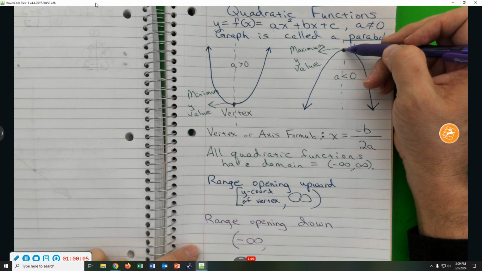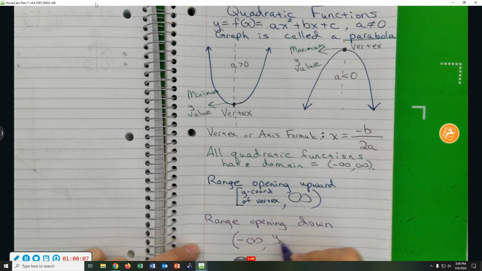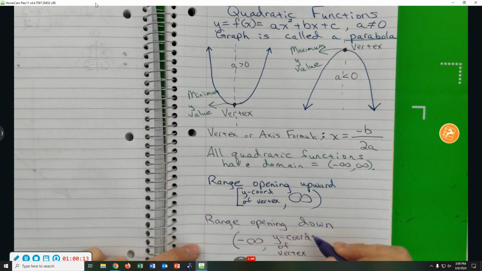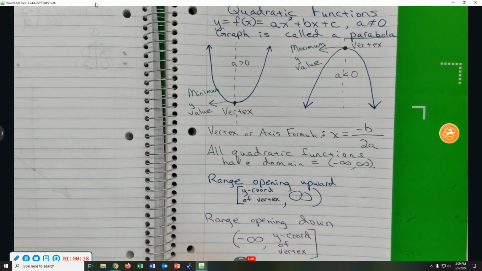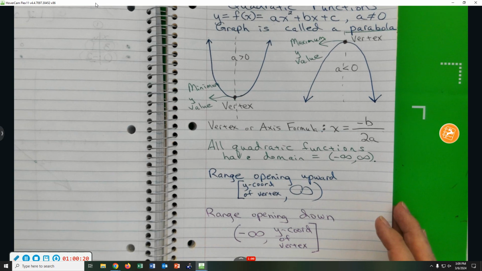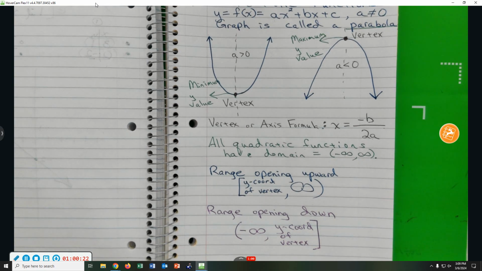Where is it stopping? It is the y coordinate of the vertex. Hopefully that range stuff will make more sense when we look at an actual graph in a moment. Any questions there?